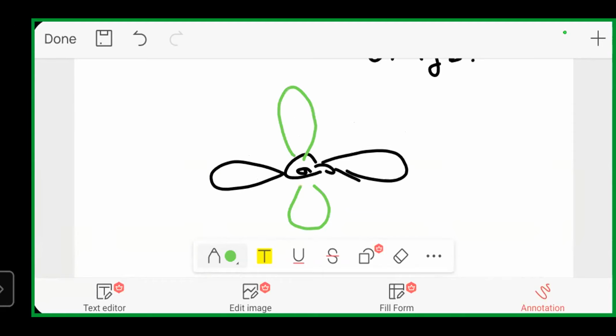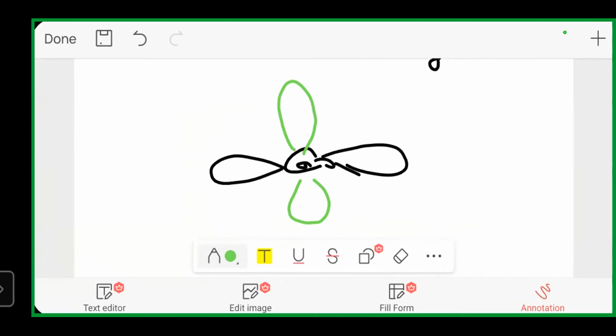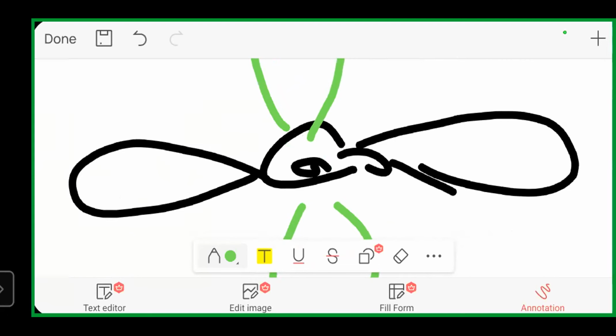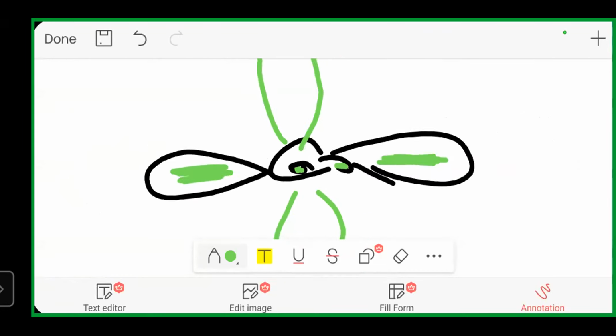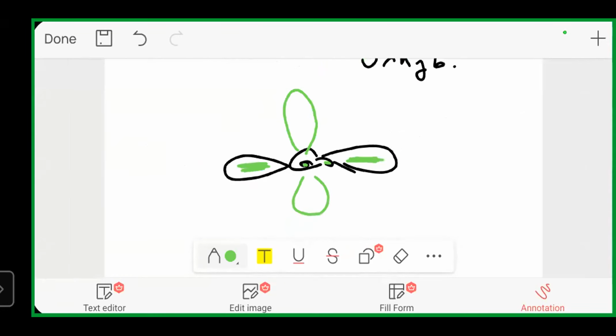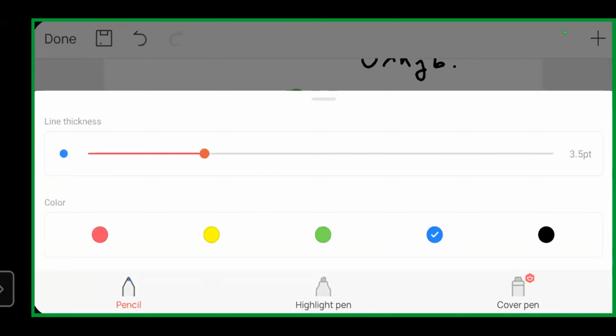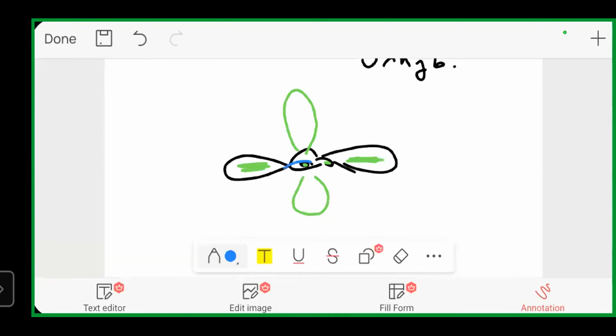Keep in mind the hybrids, remember, you have a larger lobe here and a smaller lobe here, right? So that's the hybrid for each one. And then the same thing here. So the unhybridized p is the same, both lobes are the same size. So I've got one pointing vertical, perpendicular, and I'm going to have another one here, like this, coming out of the page, pointed at us. That's the other p, right?